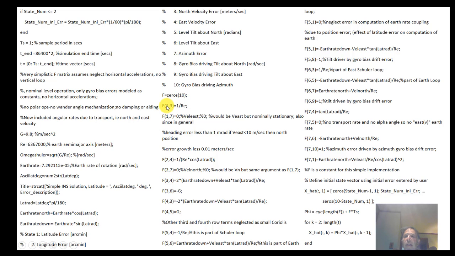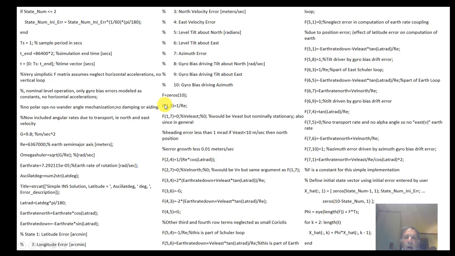So we're not going to go over each of the elements of the dynamics matrix F, but we could take a look at a few of them. For instance, F13 equals 1 over the radius of the Earth. And that says that the derivative of the error in latitude equals the error in north velocity divided by the radius of the Earth.